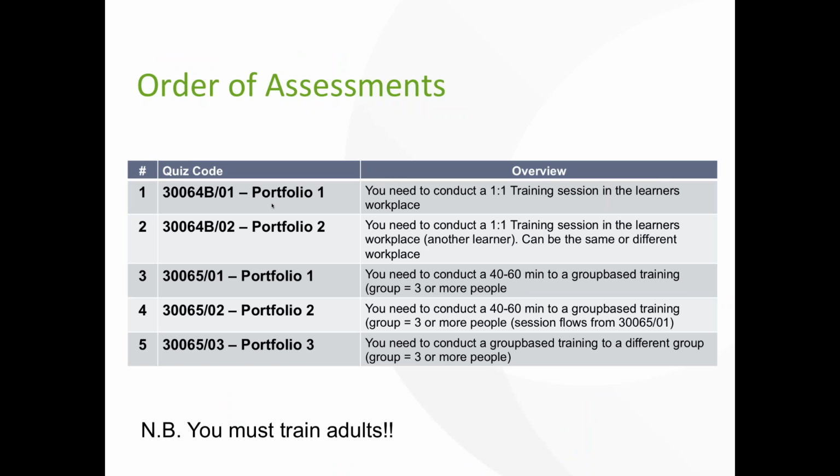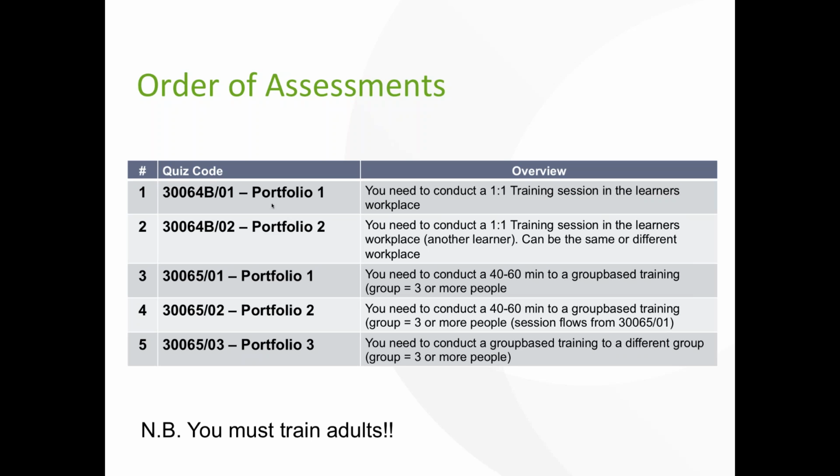In workplace learning, you need to conduct one-on-one training sessions with a learner in their workplace. Whereas for group-based training, you need to conduct 2 training sessions for 40 to 60 minutes to a group of 3 or more, and then you need to conduct a group-based training session for a different group.